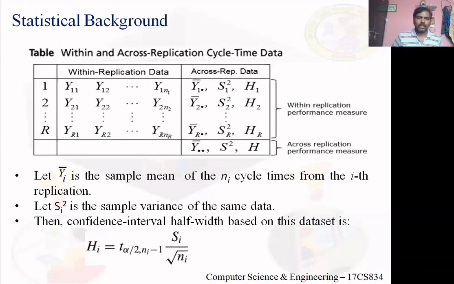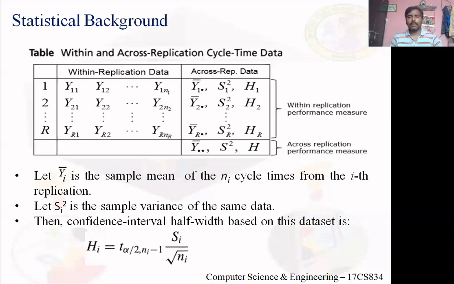In each of the R runs, I will determine the cycle time of all the parts. For example, in the second run, Y21, Y22, up to Y2N are the cycle times of individual parts in the second run. Then with that, I'll compute Y2 bar, the average cycle time in the second run. Got it? Then I have the average cycle time of the parts for all the runs.